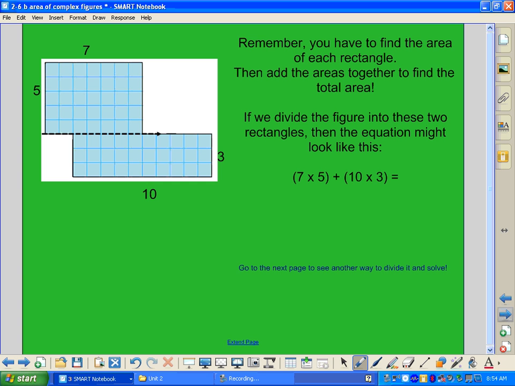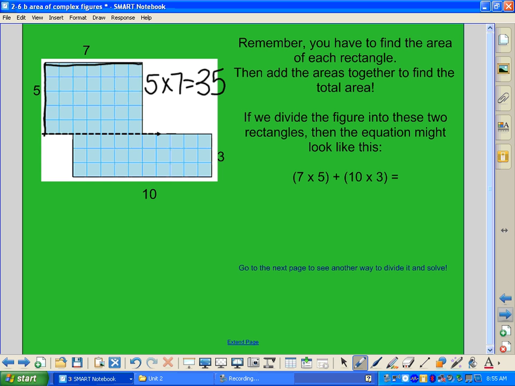What is the length of this side? 5. What is the length of the top? 7. So to find area, what do I need to do? Multiply. So I'm going to multiply 5 times 7 equals 35.